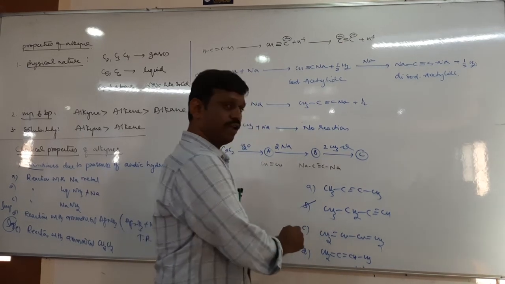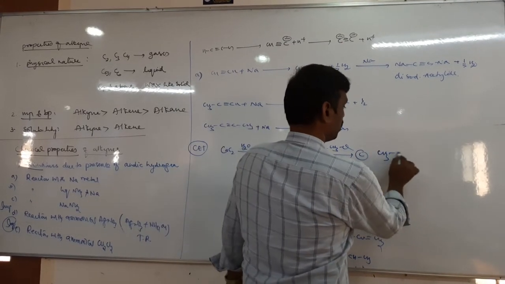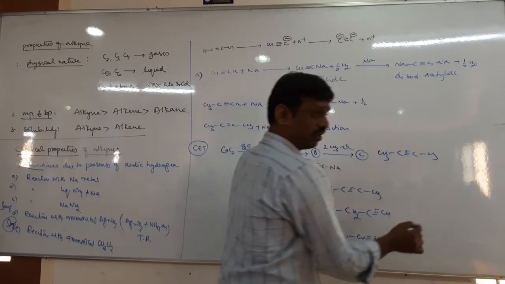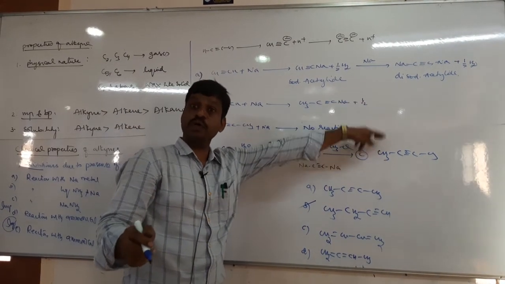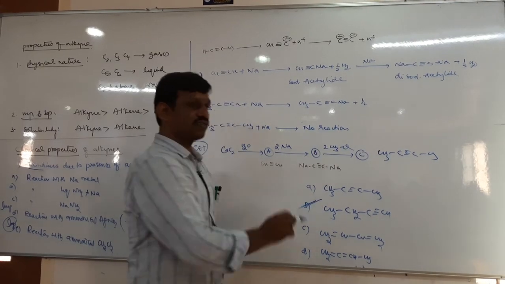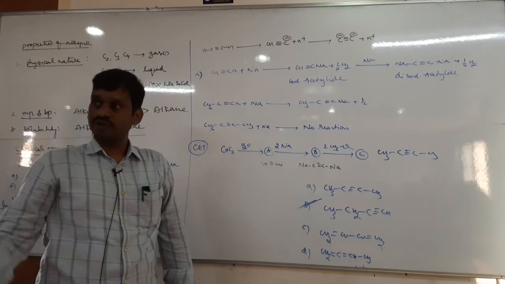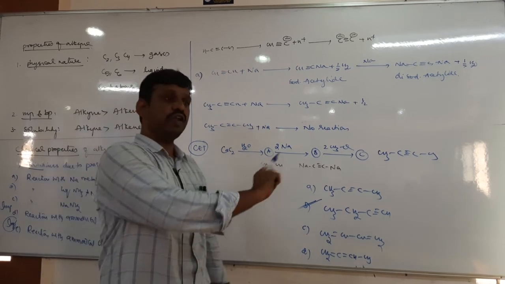The second option, because C is but-2-yne. The question is not asking for but-2-yne itself. They are asking for its positional isomer. So you need to read the question carefully.